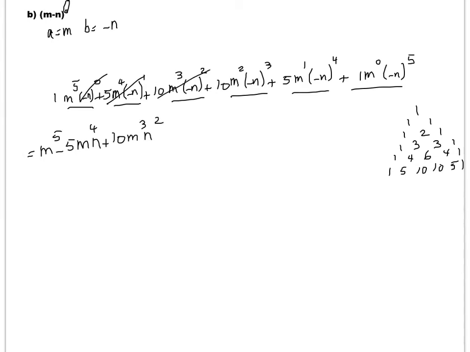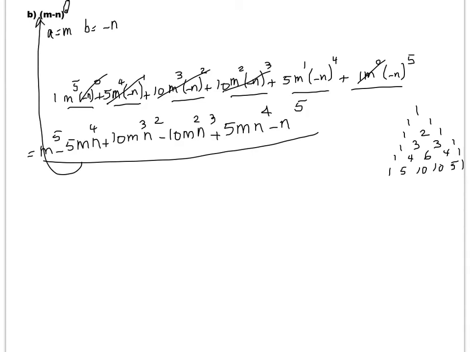The next one, negative n exponent 3 is negative n cubed, so I get negative 10m squared n cubed. The next one, negative n exponent 4 is n exponent 4, so I get plus 5m n exponent 4. And the last one, m exponent 0 is 1, and negative n exponent 5 is negative n exponent 5. So this is the expansion of m minus n exponent 5.